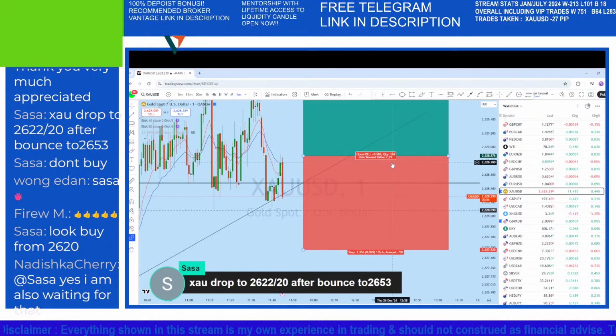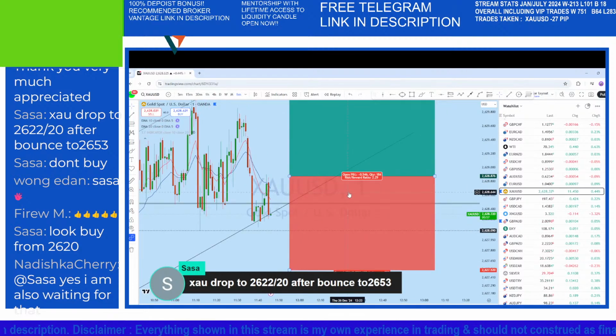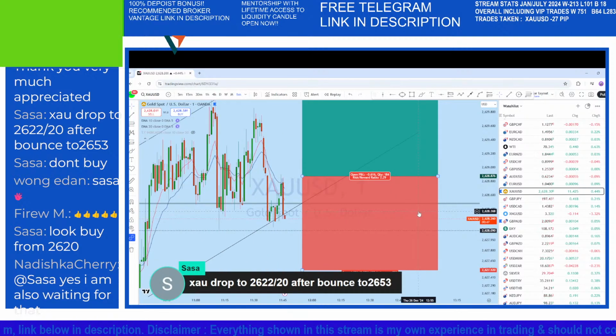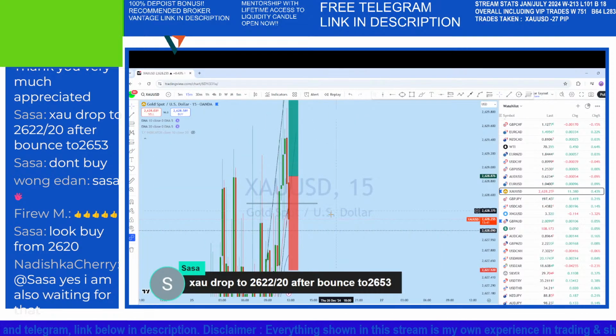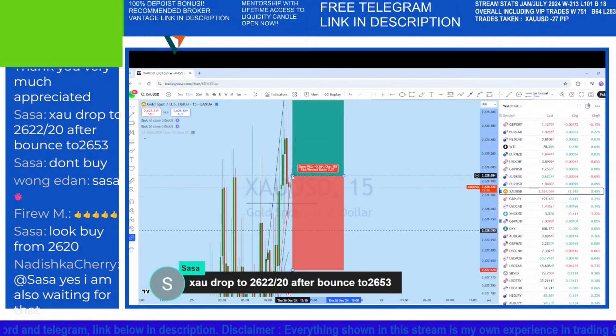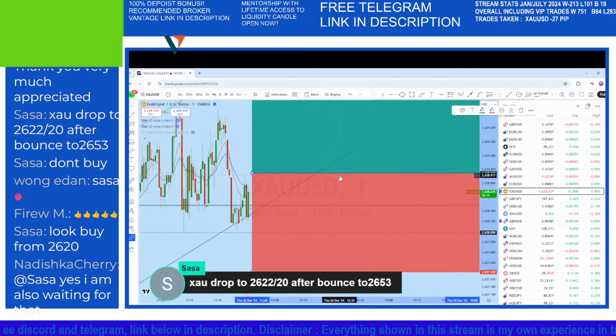So in case of bearish candle formation. Okay, see the rejection.